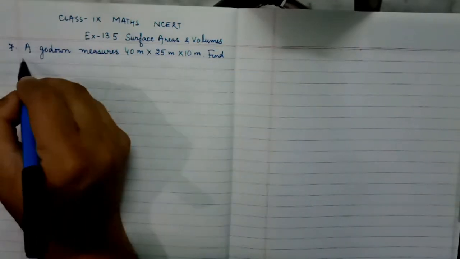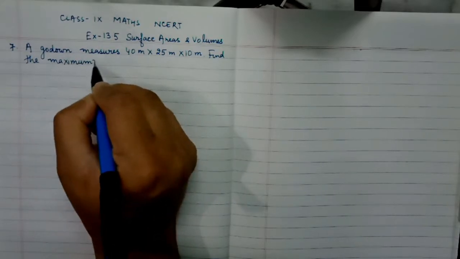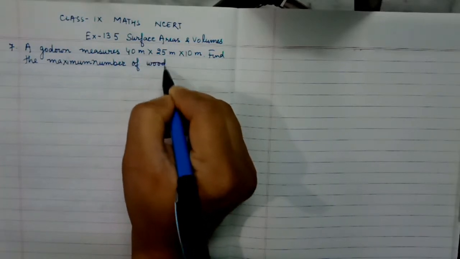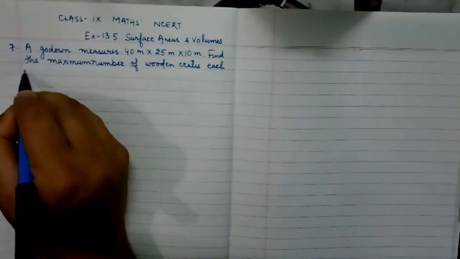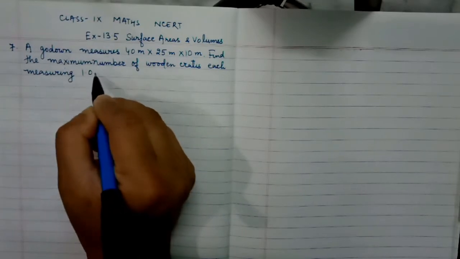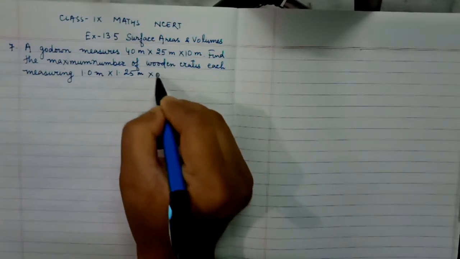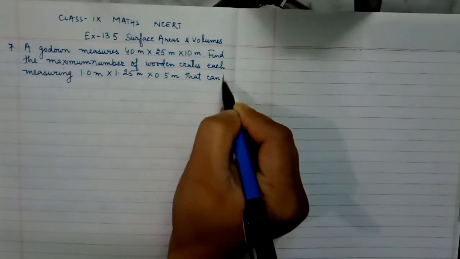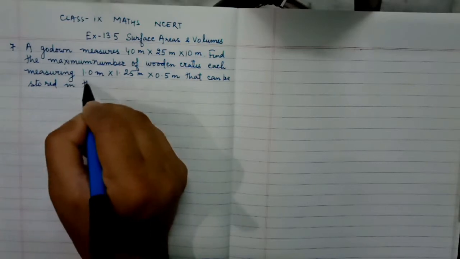Find the maximum number of wooden crates, each measuring 1.0 meter into 1.25 meter into 0.5 meter, that can be stored in the godown.